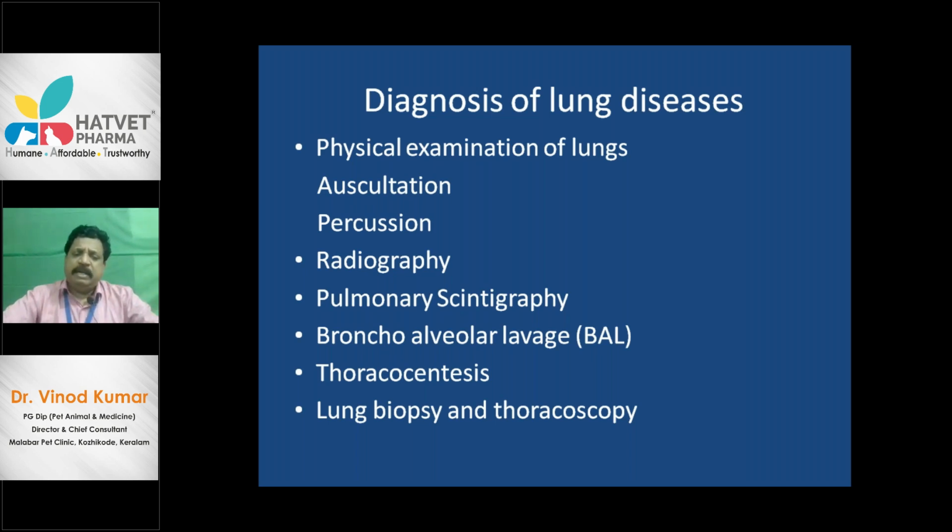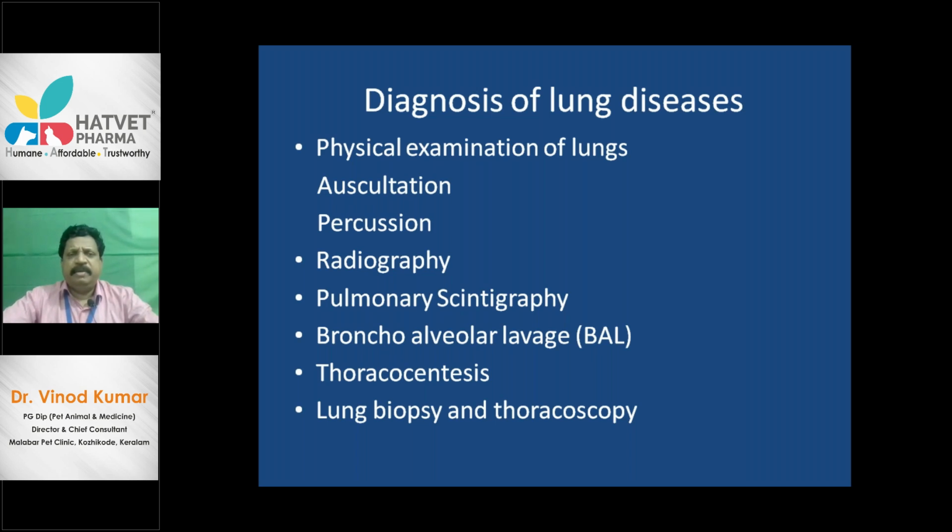Then the ultimate is a lung biopsy and thoracoscopy. Ultimately, if we are doing all the tests but are not able to diagnose what it is, the same biopsy needle can be introduced.